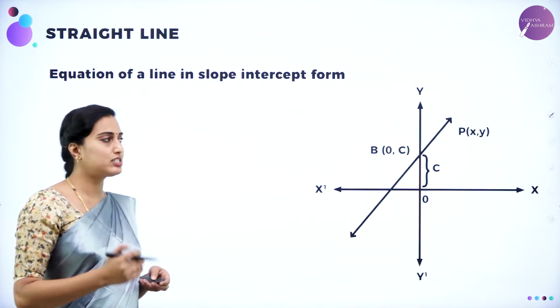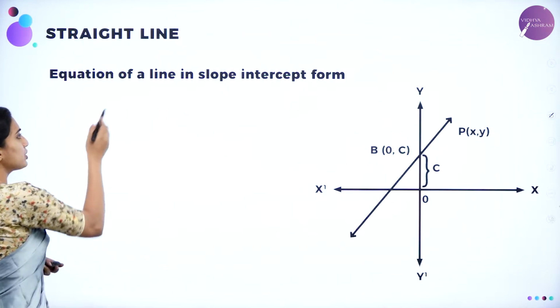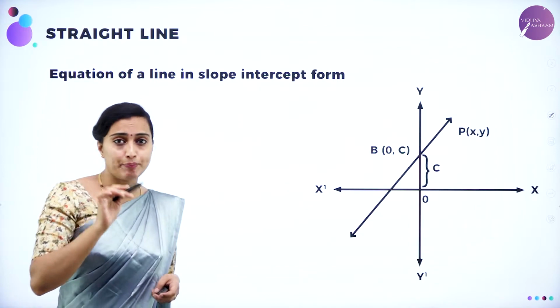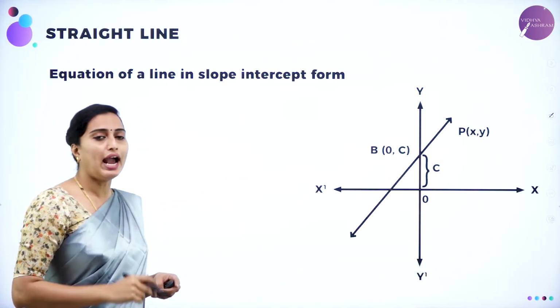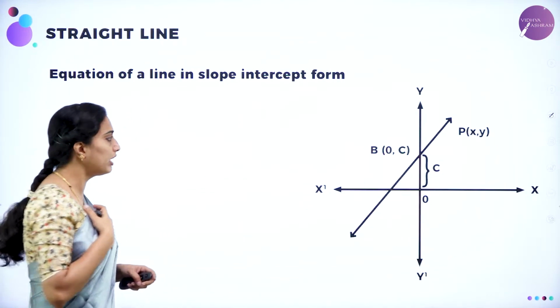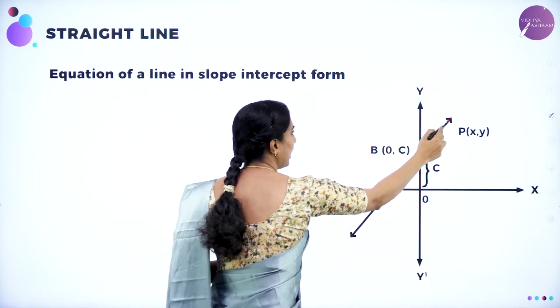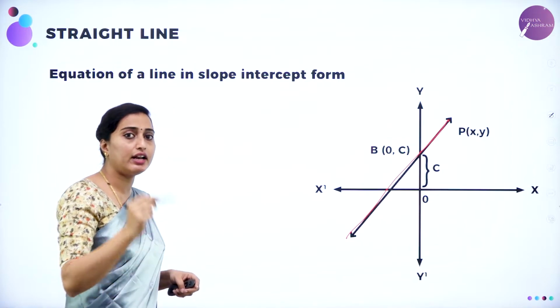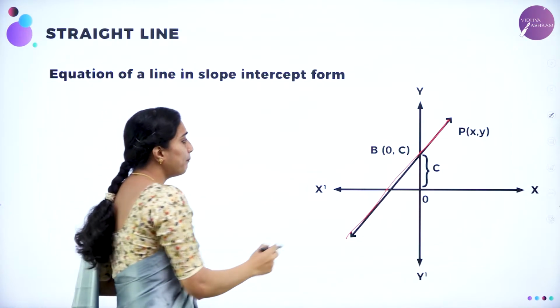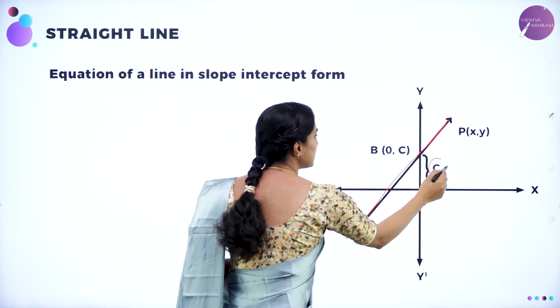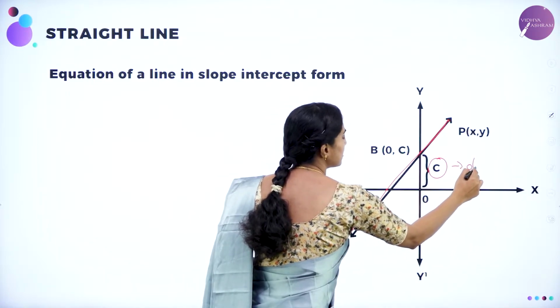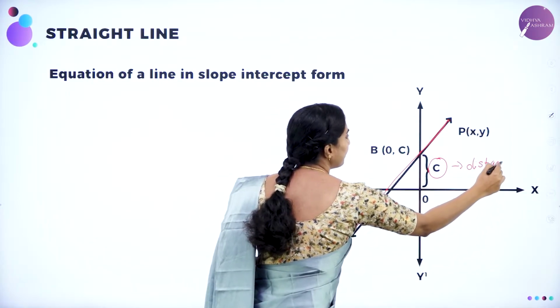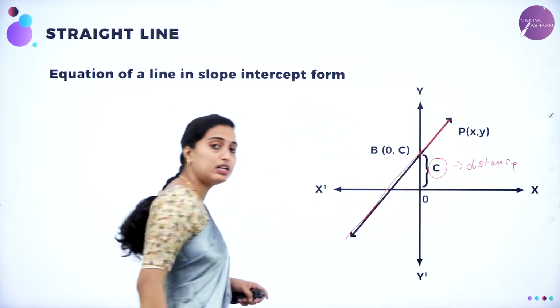Now we'll move on to the next concept: equation of a line in slope-intercept form. Here, a line cuts the y-axis, the vertical line, at some point. That distance I am going to take as C. This is the distance from the x-axis.